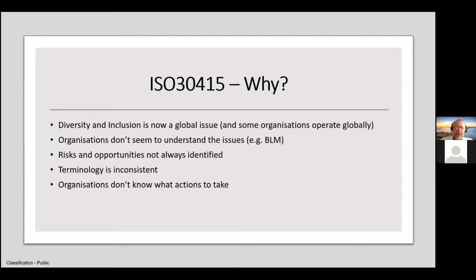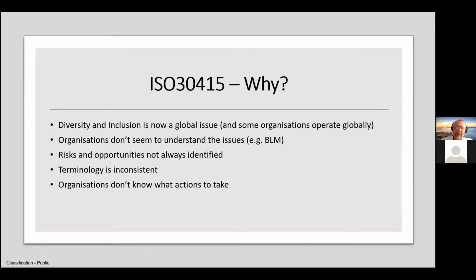And risks and opportunities are not always identified. For example, I just explained the opportunities that come with having a wide product base or service base and understanding different markets, and risks associated with, for example, not having clarity around the way to manage conflict in the workplace or friction with other stakeholders. It's also true that terminology is inconsistent.